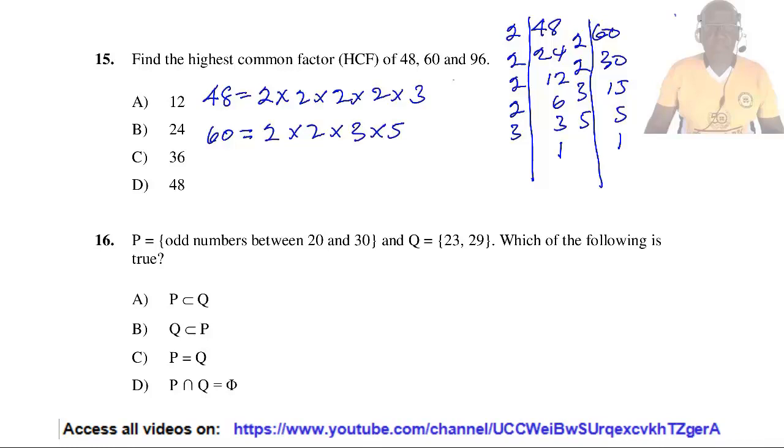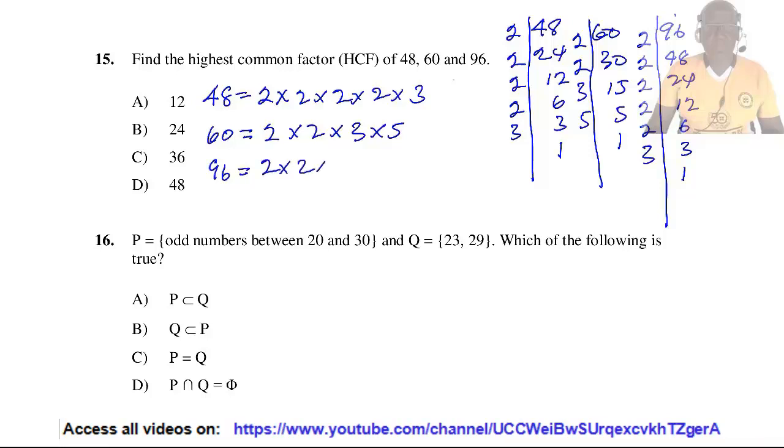Now for 96, 2 goes here 48, 2 goes here 24, 2 goes here 12, 2 goes here 6, 2 goes here 3, 3 goes here 1. So the product of the prime factors of 96 equals 2 times 2 times 2 times 2 times 2 times 3.